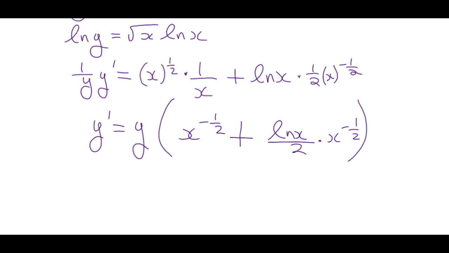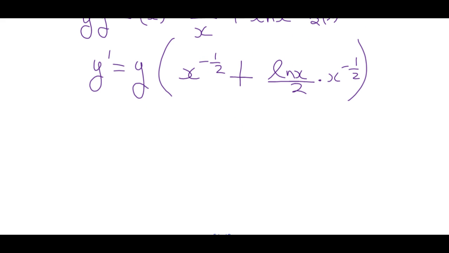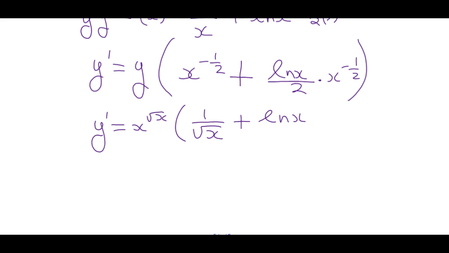So at this point we could say, hey, the x's are common, I could factor that out, right? Or we could say, well, here's what I'm going to do. I know that y is x to the root x. This will be 1 over root x plus ln x over 2 root x.